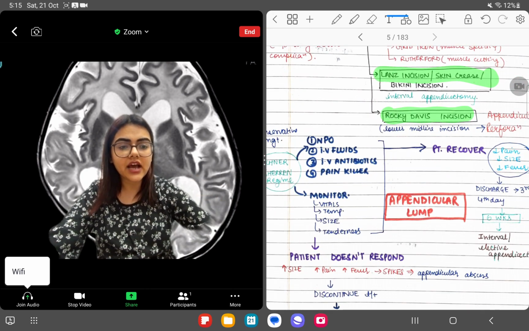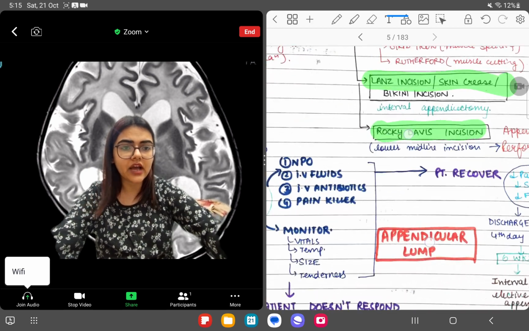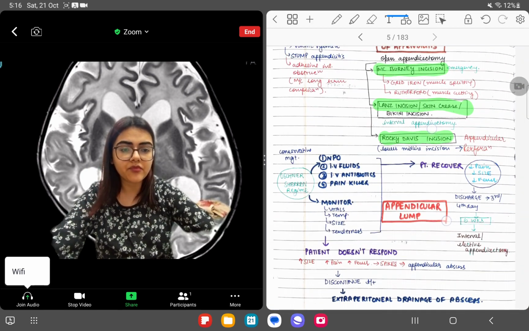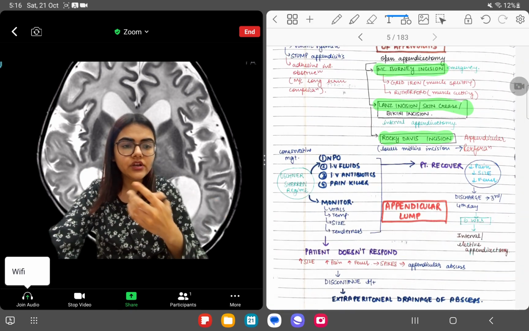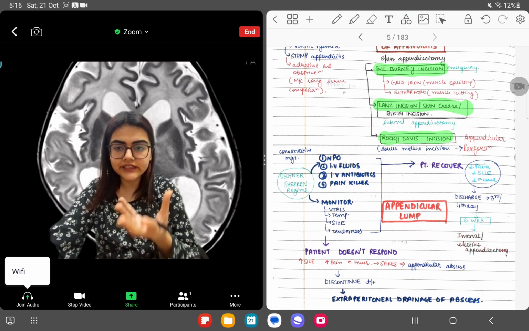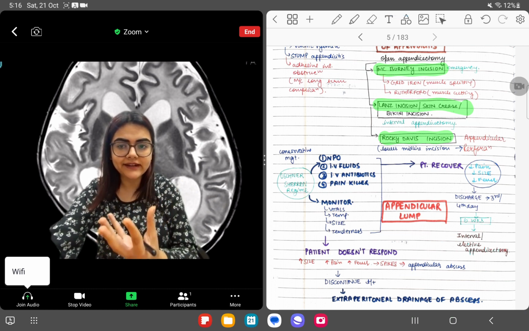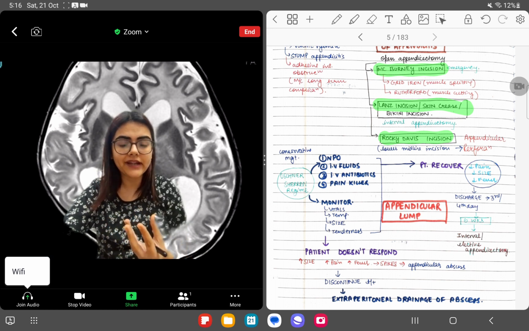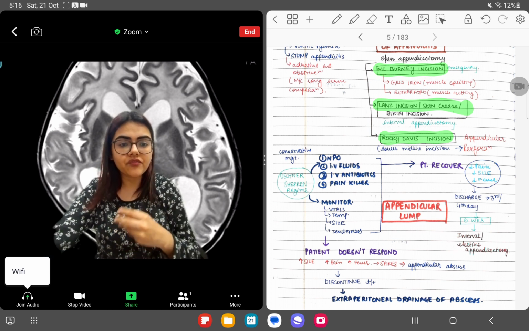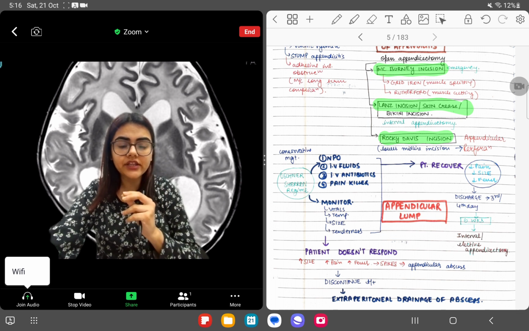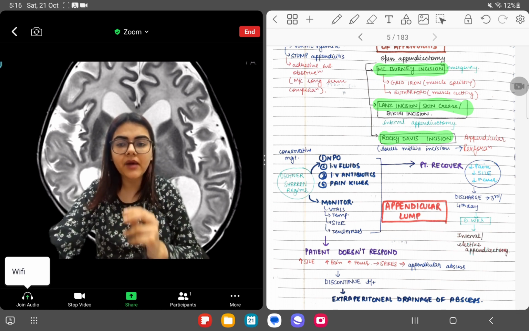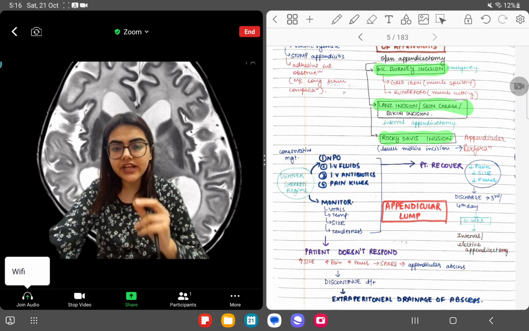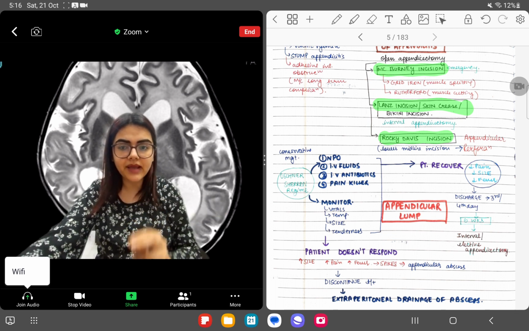Okay, now let's learn about appendicular lump. What is appendicular lump? When there is increased amount of inflammation in the appendicitis, it can develop into a chronic form, that is known as an appendicular lump. And in case of appendicular lump, the important thing you need to remember is the management part, that is we perform Ochsner-Sherren regime, that is a conservative management.